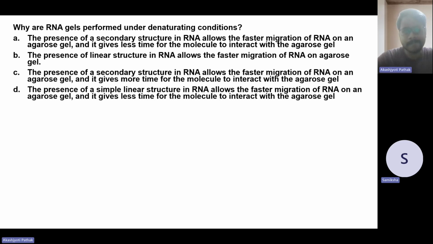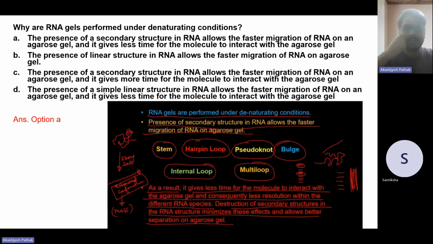So to denature that structure, we need to prepare a denaturing gel. We need formaldehyde. You mix formaldehyde with the agarose and then cast the gel. So yes, they are performed under denaturing conditions. The correct answer is option A.